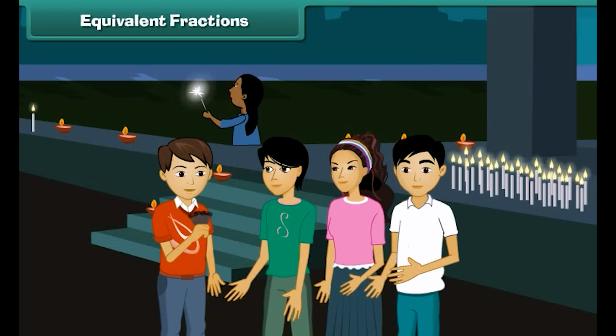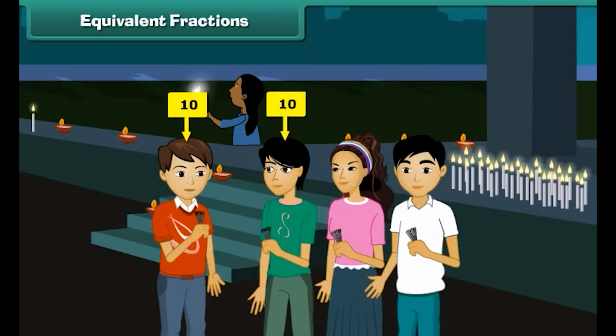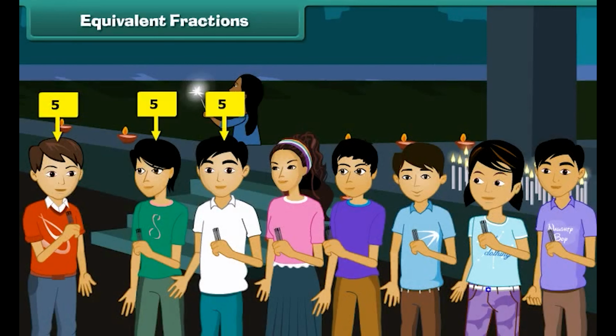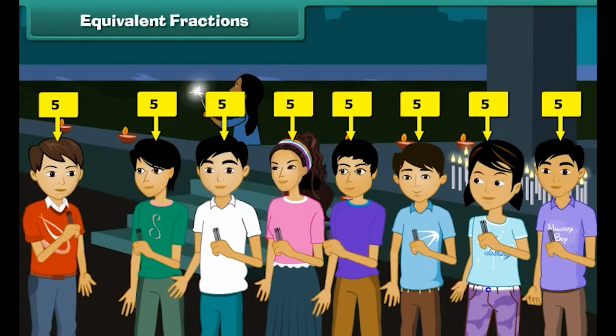Rishabh is celebrating Diwali with 3 cousins. He has 40 sparklers. He divides the sparklers into 4 equal groups of 10 each. Quite unexpectedly, 4 more cousins of Rishabh arrive to celebrate the festival with him. Now, Rishabh divides the sparklers among the 8 cousins, including himself.